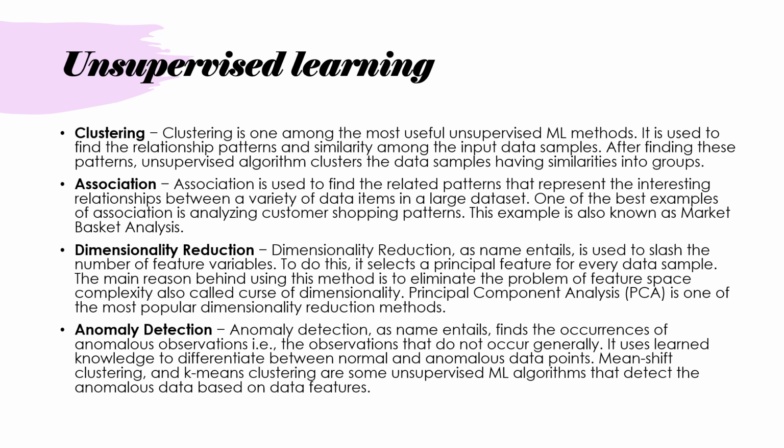Next is dimensionality reduction. As the name suggests, we have to reduce the number of feature variables. If you have n number of feature variables, we represent them with a smaller number of feature variables. To do this, the method selects a principal feature, which is the major one, and we omit the other ones. An example is principal component analysis.